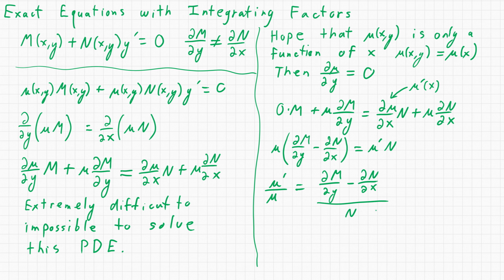If we actually want to solve this differential equation, we know what M is and we know what N is, so we can calculate these, plug in, and try to solve it. The thing is that this fraction, the right-hand side, must only have x's in it when simplified.